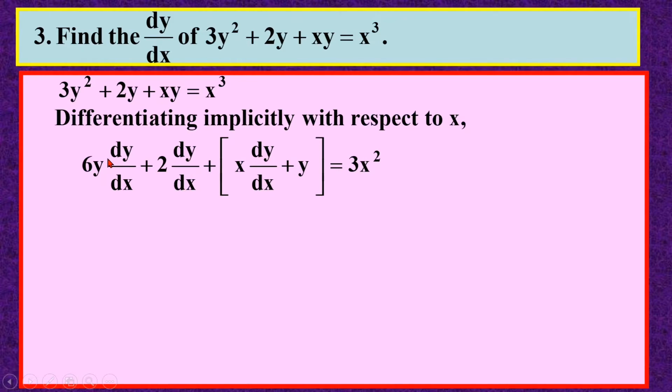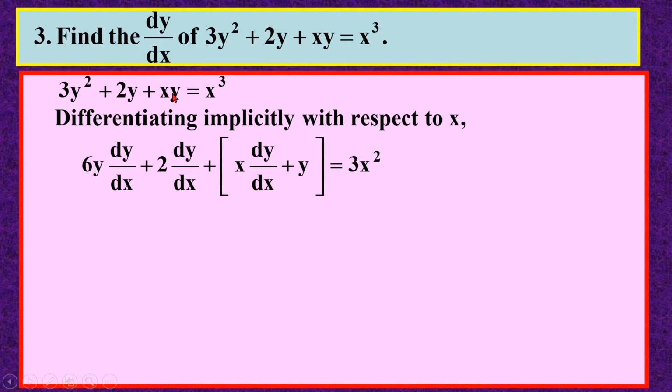Because I'm differentiating a y, so I put dy dx beside it. Next, I write plus. This is 2y. When I differentiate 2y implicitly, I will get 2 times 1. But I don't write that 1. And when I differentiate a y, I get a dy dx.